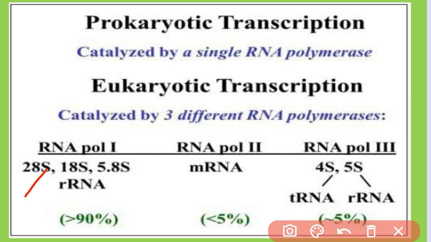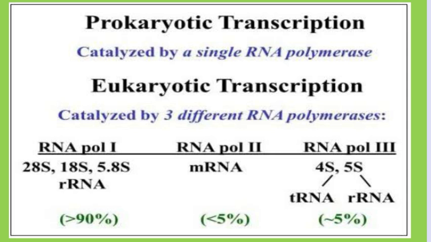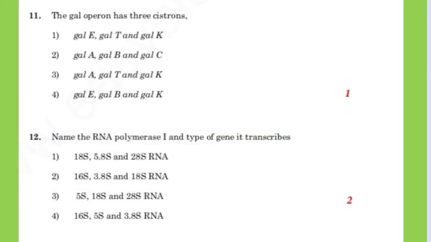28S, 18S, and 5.8S. These ribosomal genes are transcribed by RNA polymerase first.